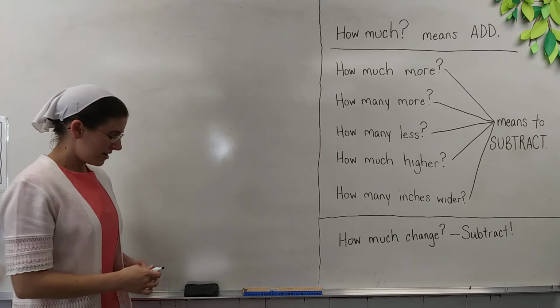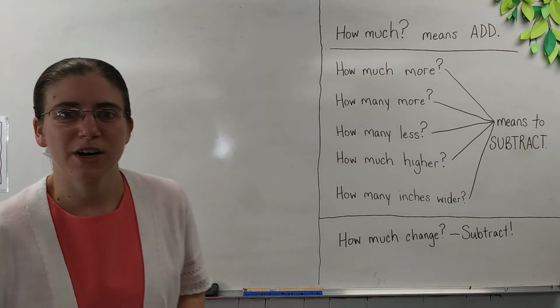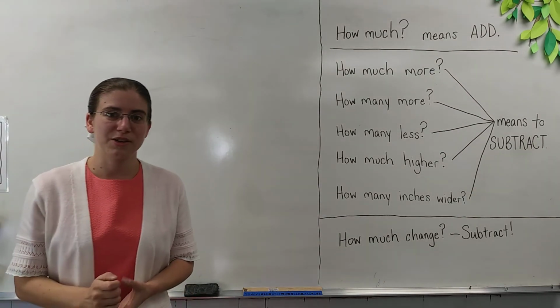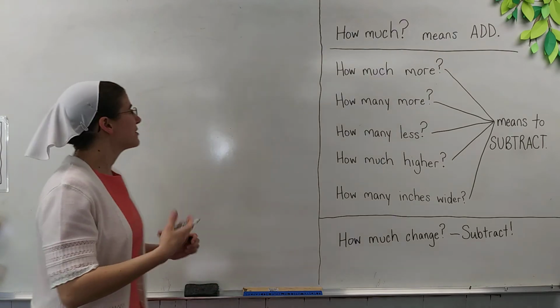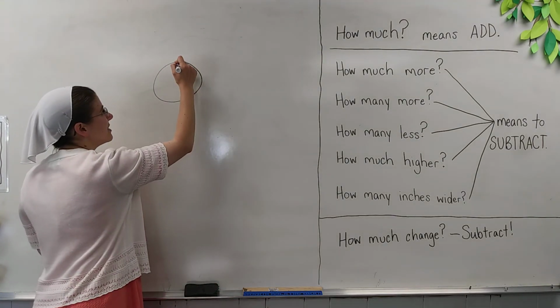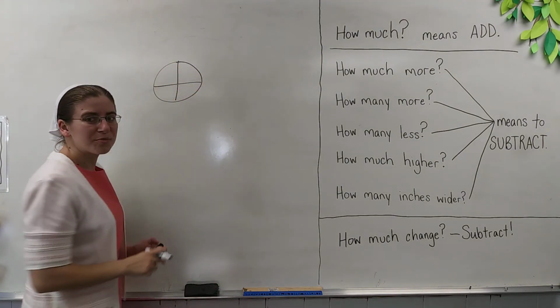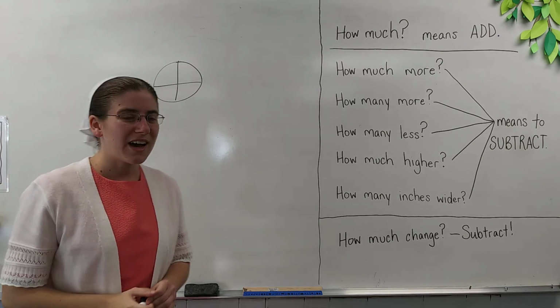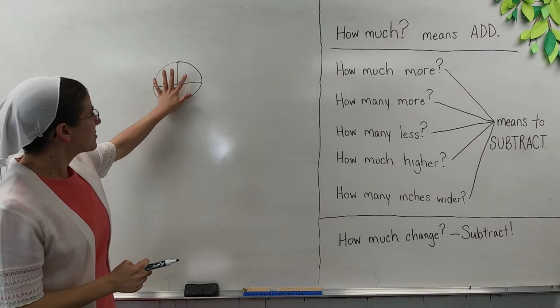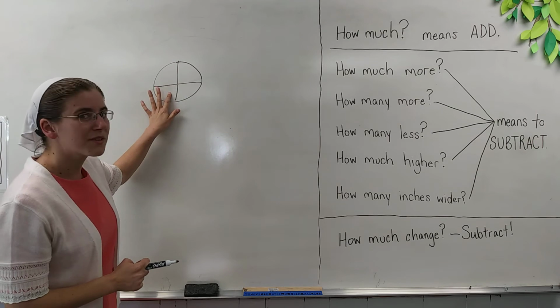And also you have been learning about fourths and quarters. So if I divide a circle into 4 pieces, I have 1/4, 1/4, 1/4, 1/4.